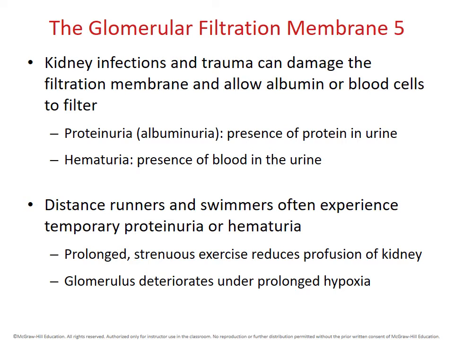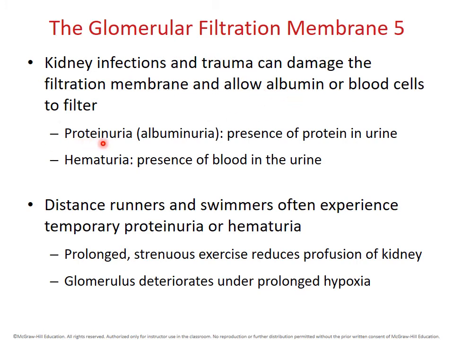And so if there is damage to the filtration membrane, sometimes you will see these things show up in the urine, right? Because whatever passes through the filtration membrane and becomes filtrate ultimately becomes urine if it's not reabsorbed. And so if these things do end up in the urine, it's usually an indicator of some problem with the filtration membrane.